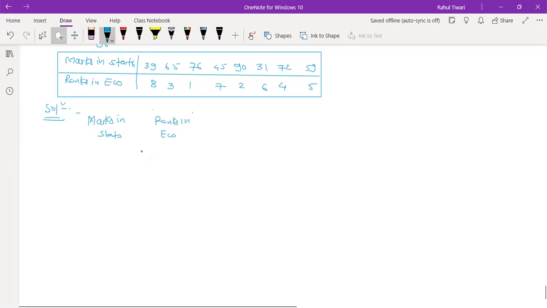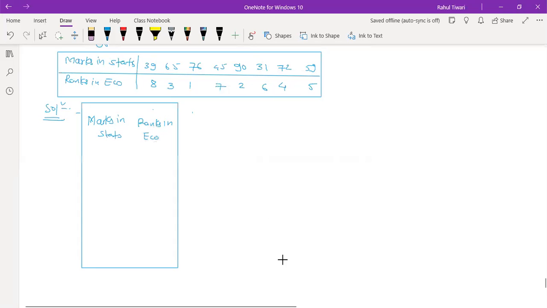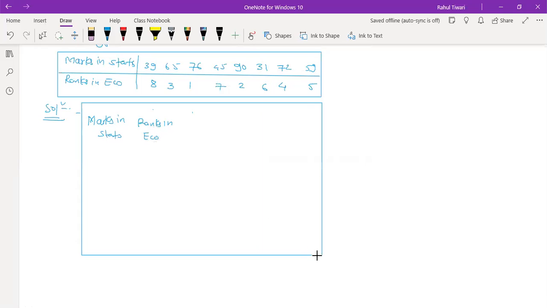Now try to understand. I have these two data with me. Right? I have these two data with me.